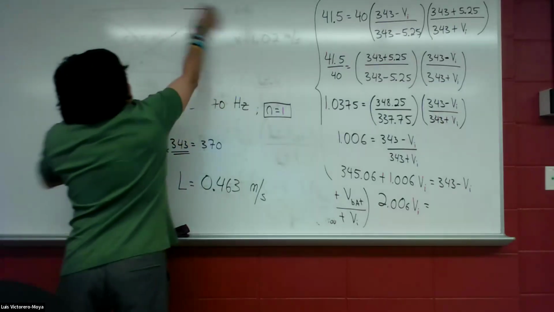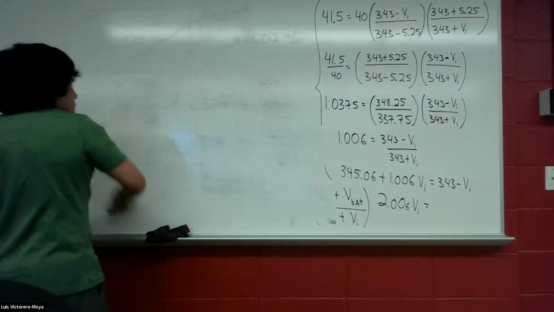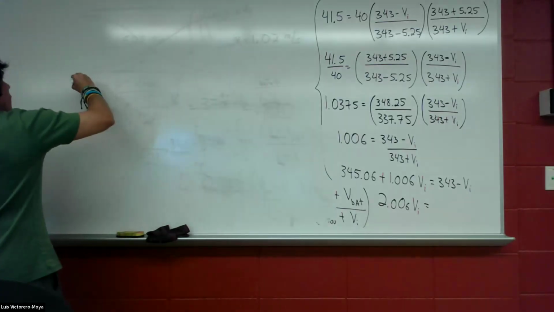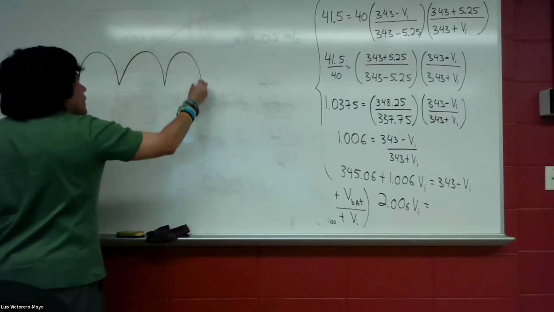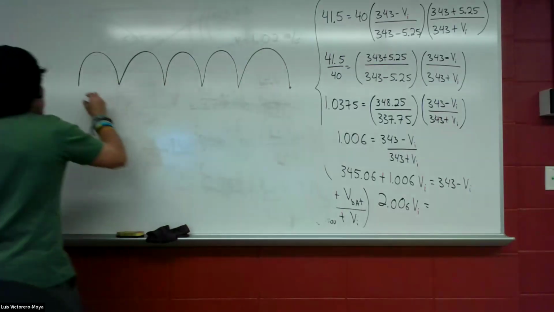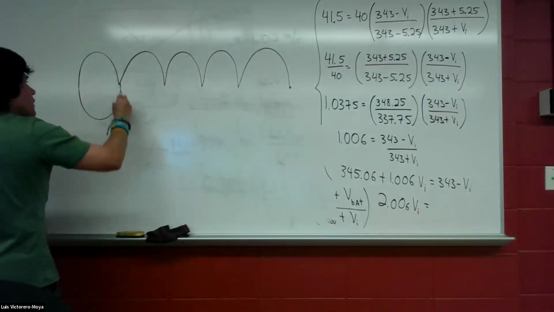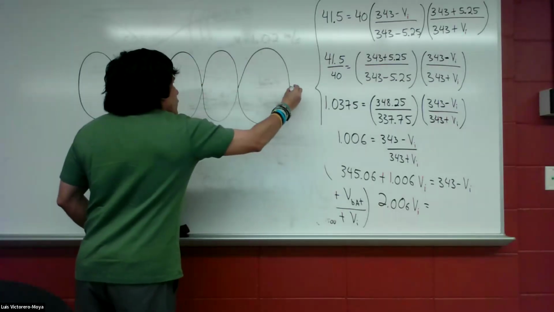So standing waves, just so you know, they are waves that look like this. So 1, 2, 3, 4, 5. And then here you have 1, 2, 3, 4, 5.